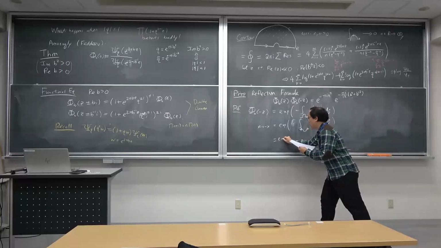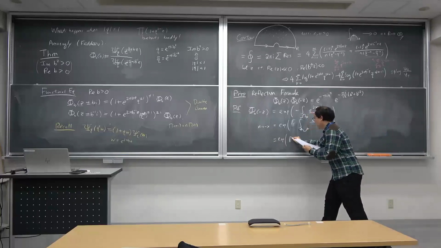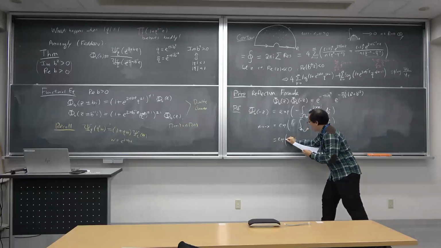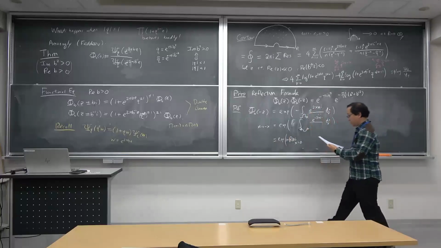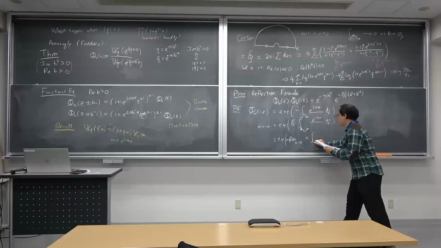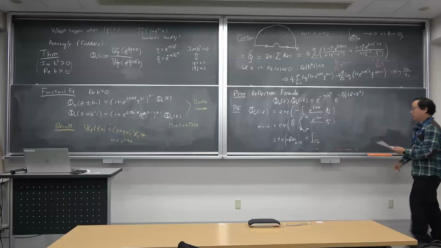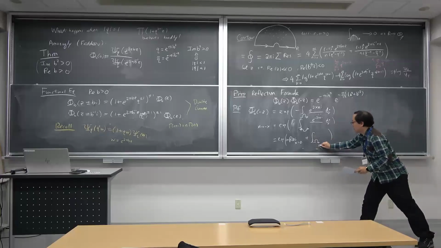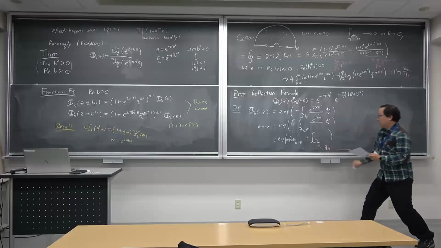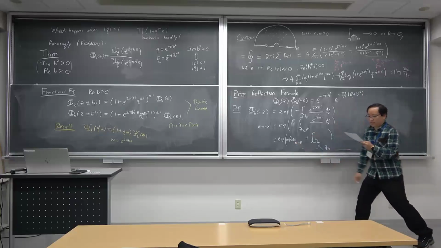So it's like the residue at x equals 0 times 2 pi I plus the original thing. So this is the phi b. And we just have to calculate what is the residue at x equals 0.